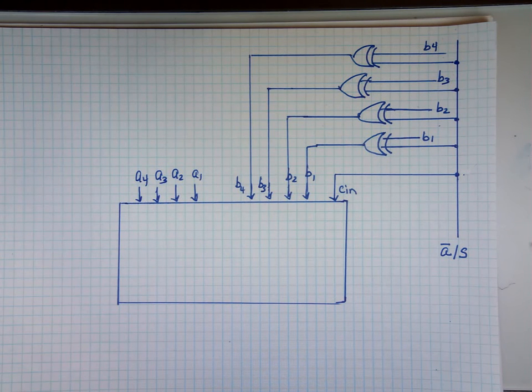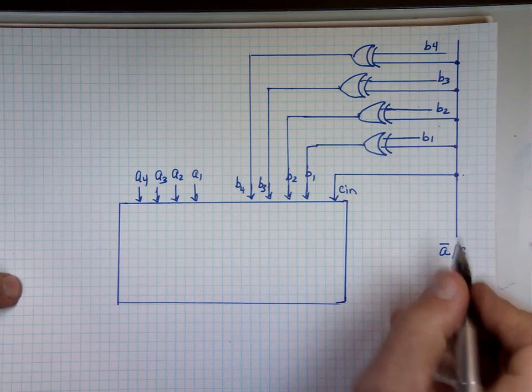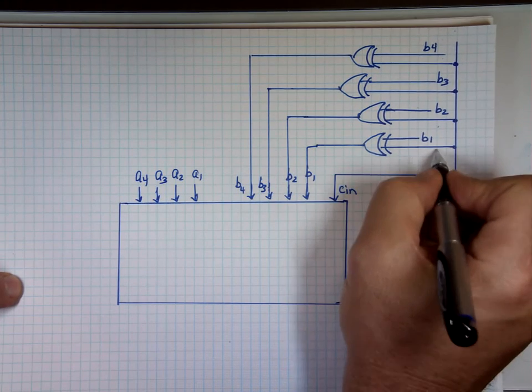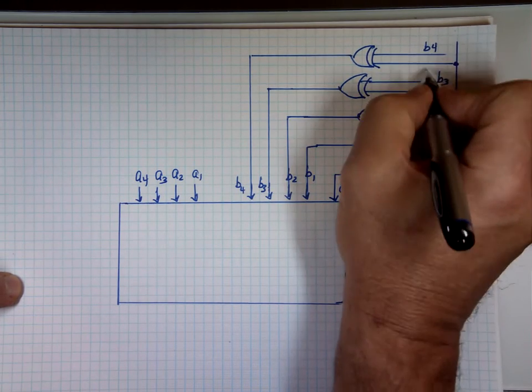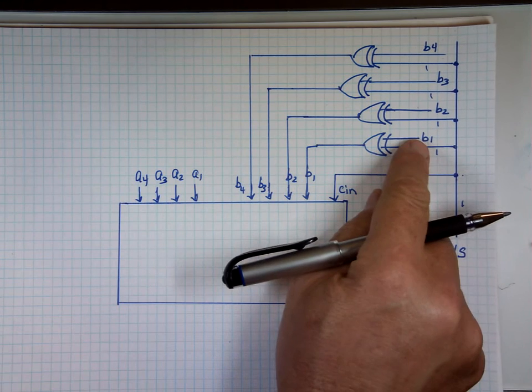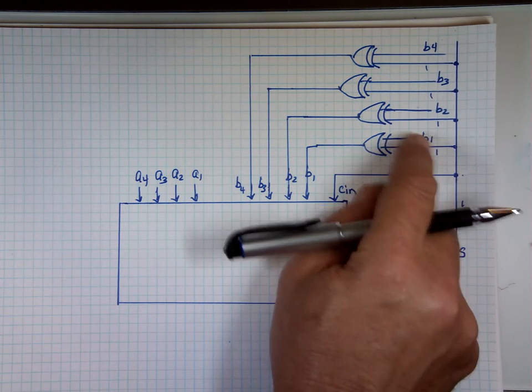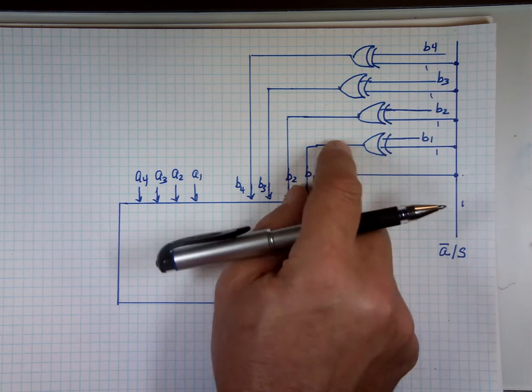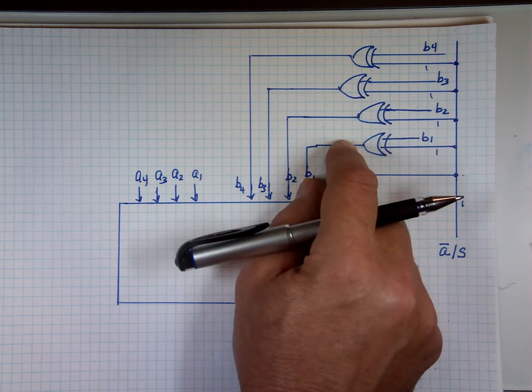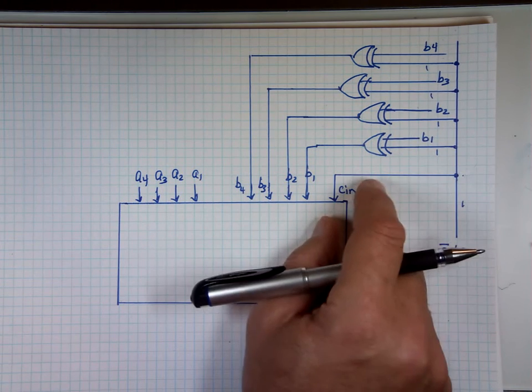Now what happens when you put a 1? That's subtraction. Now I'm supposed to do what? The complement. So if you put a 1 here, you have a 1 here, a 1 here, a 1 here, a 1 here. Let's assume B1 has a value of 0. What's 1 XOR 0? You get 1. That's the opposite, that's the complement, isn't it? If B1 has a value of 1, what's 1 XOR 1?